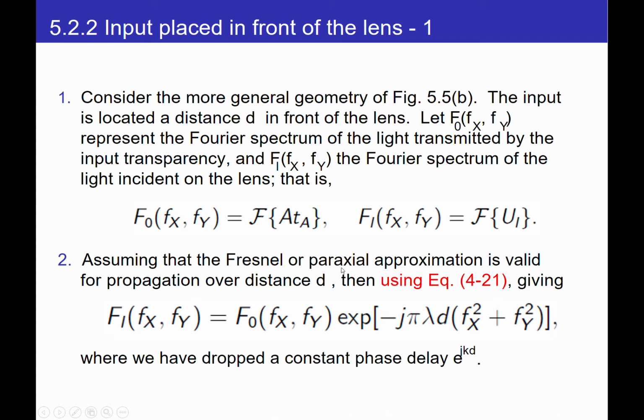So assuming the Fresnel or paraxial approximation once again, for the propagation of the distance d, then using equation 4-21, which we're going to talk about later on, the incident Fourier component of the light is the Fourier component of the transparency times the propagator.